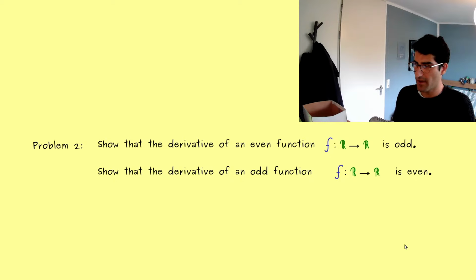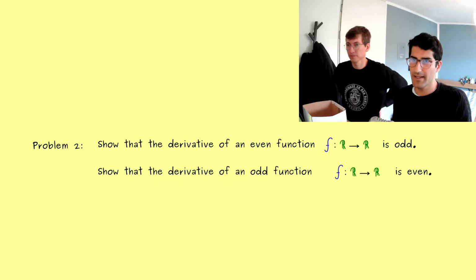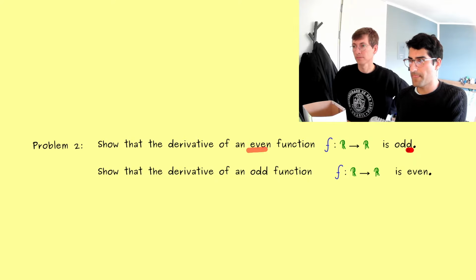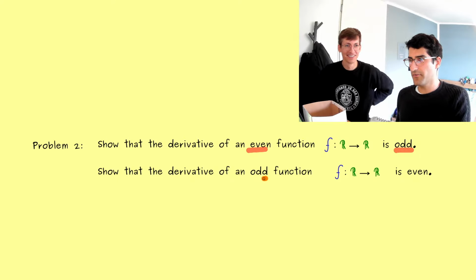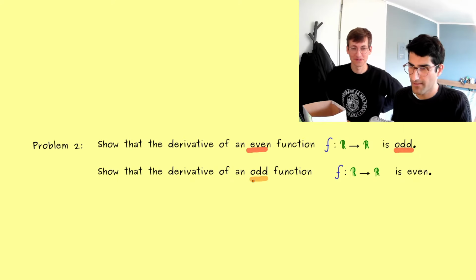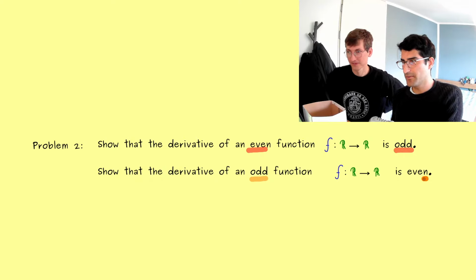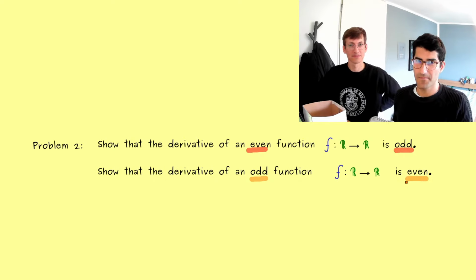So given that we have an even function and that is also differentiable, we want to show that once we take the derivative, the symmetry property changes from even to odd. And similarly, given an odd function that is differentiable, we want to show that the derivative is even.